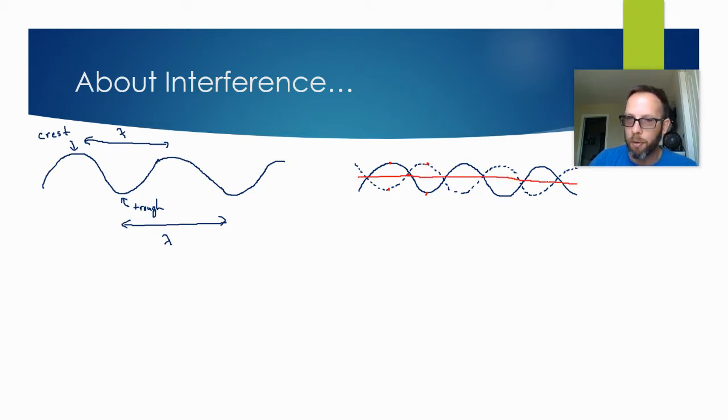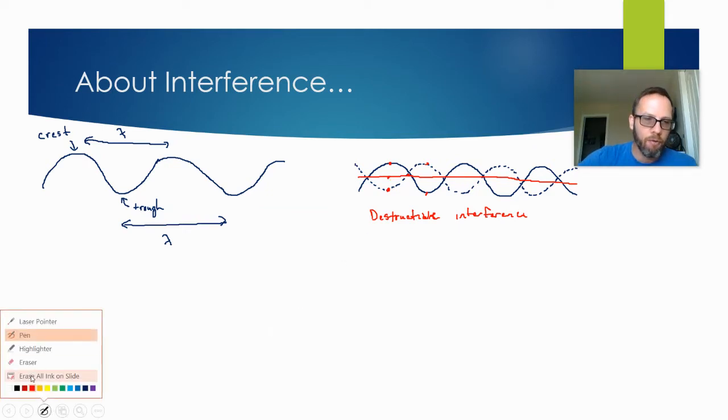It's like those two waves perfectly cancel out, and we get destructive interference. I want to emphasize that when a peak meets a trough, we are going to get this perfect destructive interference. Anytime there's a perfect balance, above, below, destructive interference.